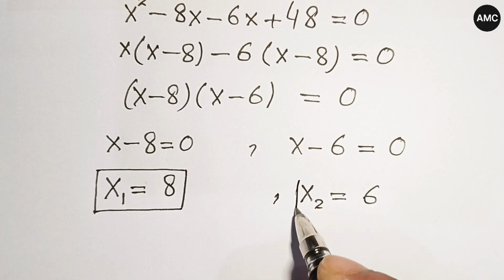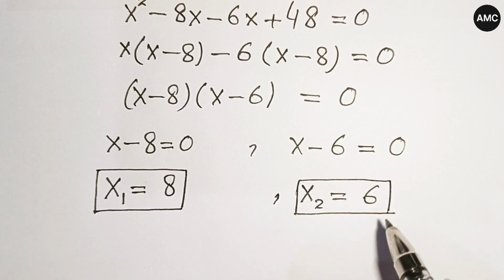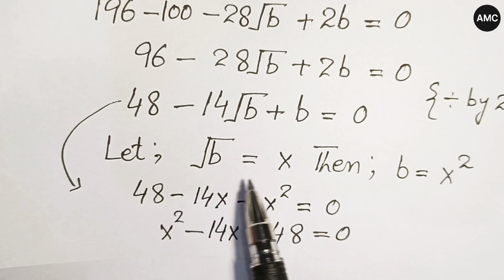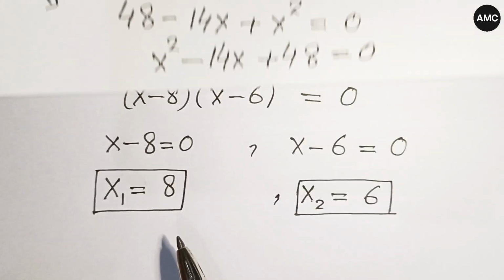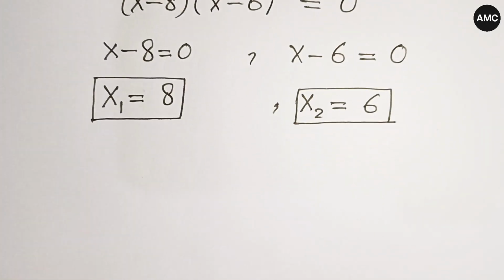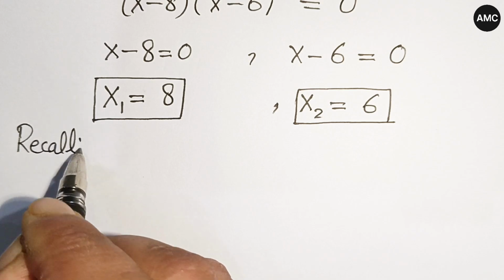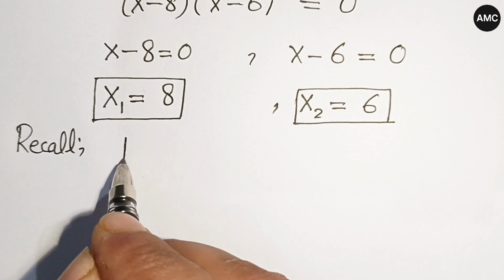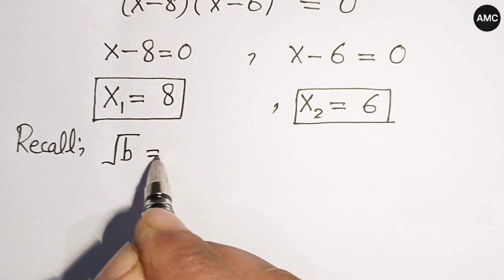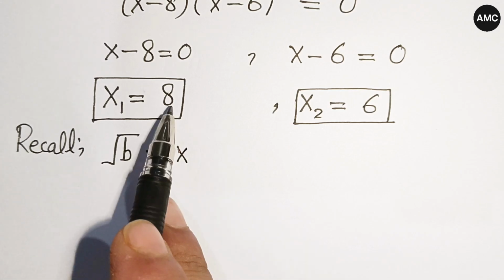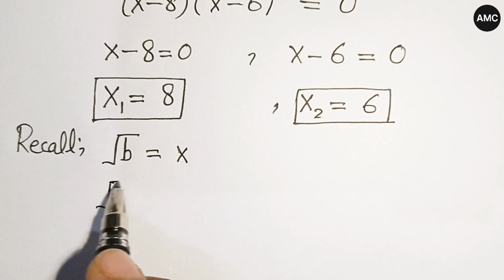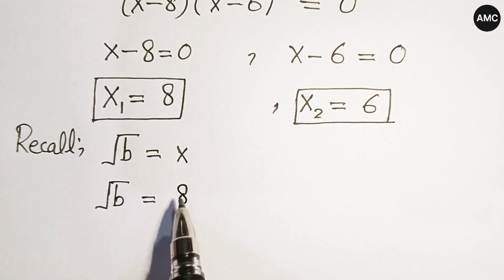It is the second value of x, but we have to find out the values of a and b. So just recall our supposition here that square root of b is equal to x. So from the first one, recall that square root of b is equal to x, but here x is equal to 8, then we have square root of b is equal to 8.